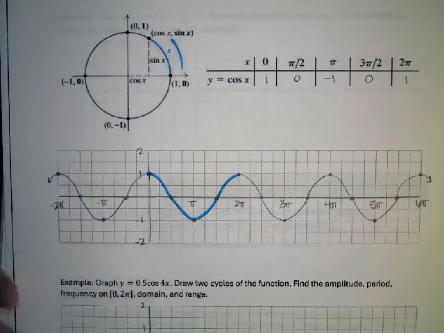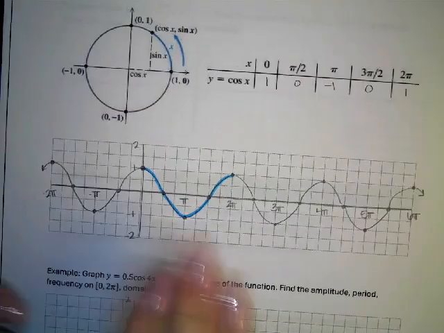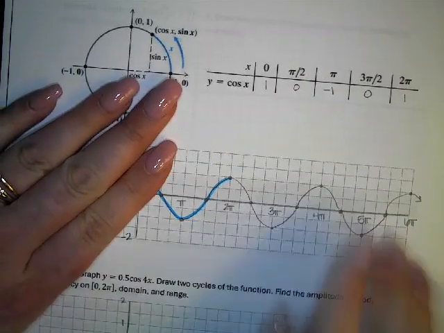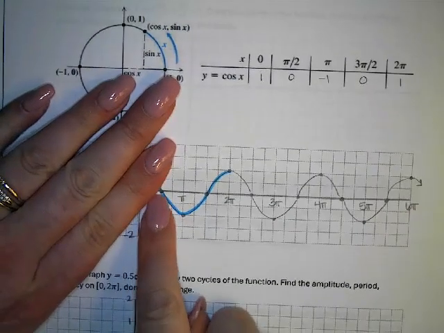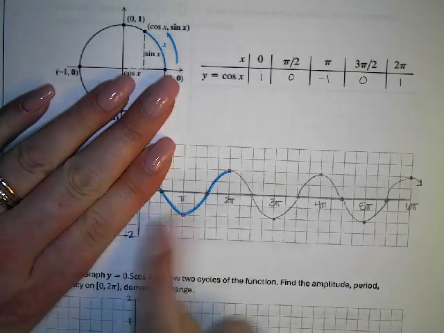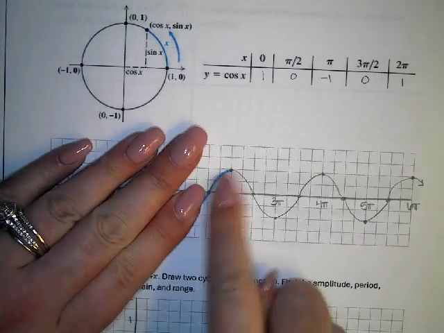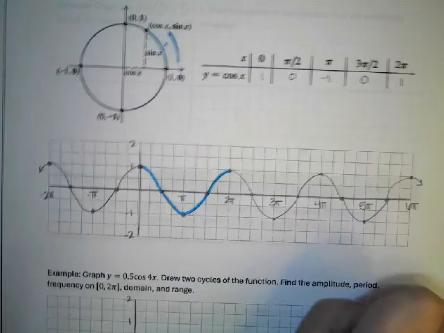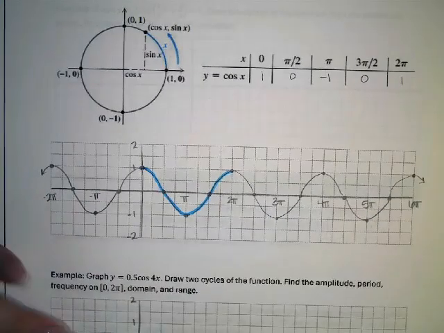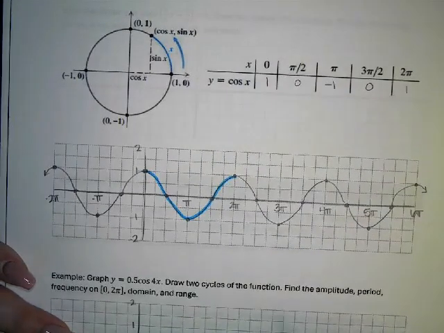In fact, if I were to take this drawing and start right here, then I would say, oh, that looks like a negative sine curve. It just starts down and then goes up. Or if I were to start right there, I'd say, oh, there's the sine curve. So really, a cosine curve is a sine curve with a phase shift.